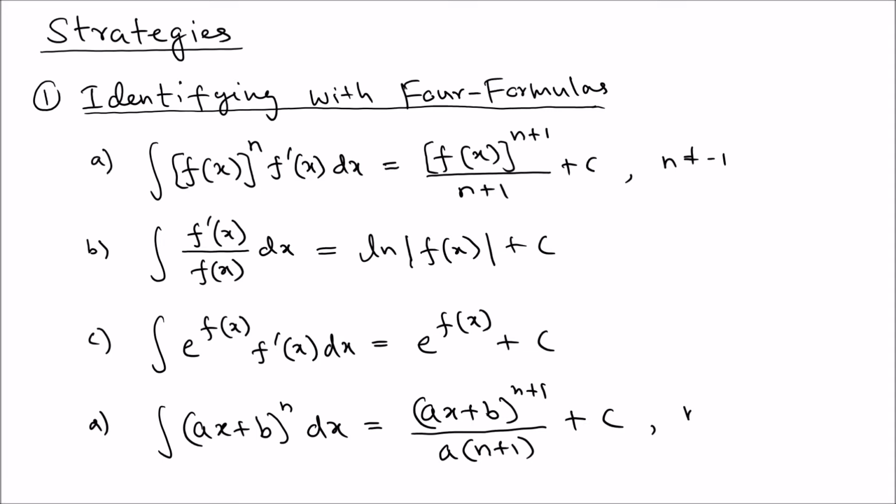Again, this doesn't work for n equals -1. Okay, so these are the four formulas that we're talking about, and if you remember them, you can solve many problems very easily. So let's do a few examples, just to see how we can use them quickly.